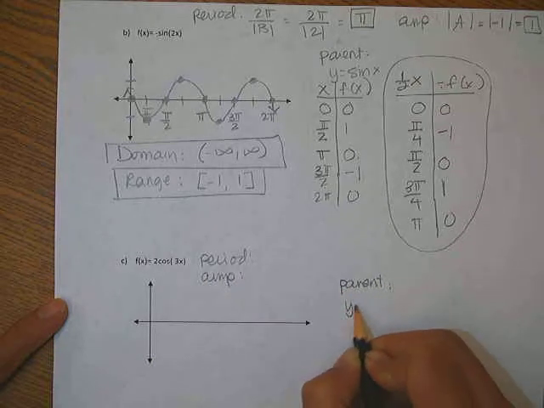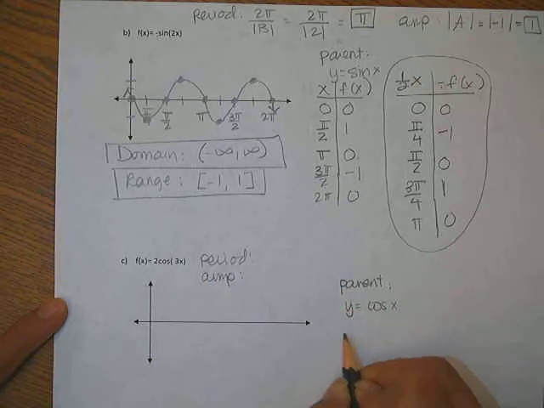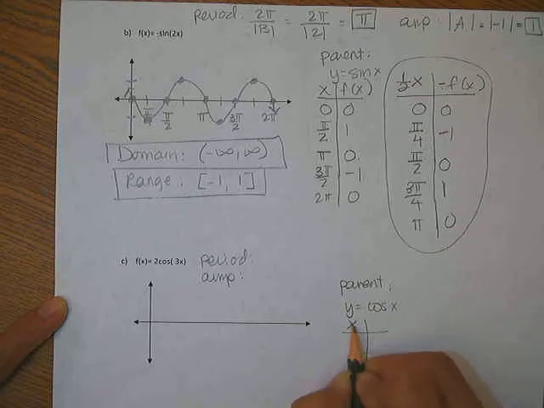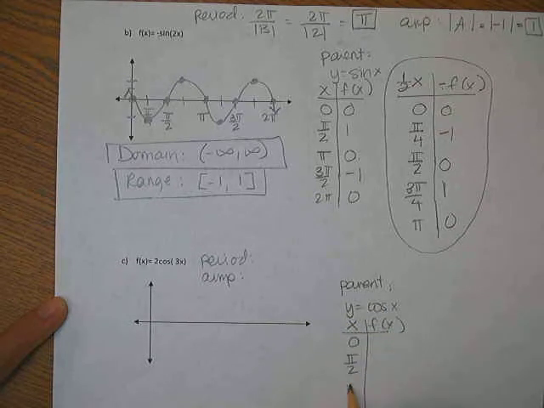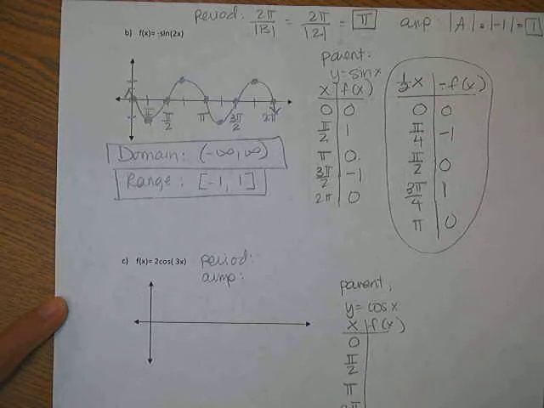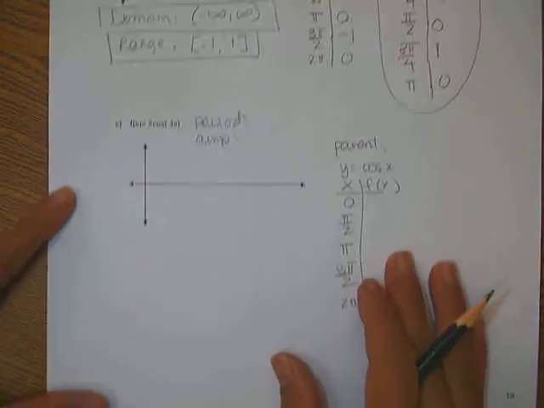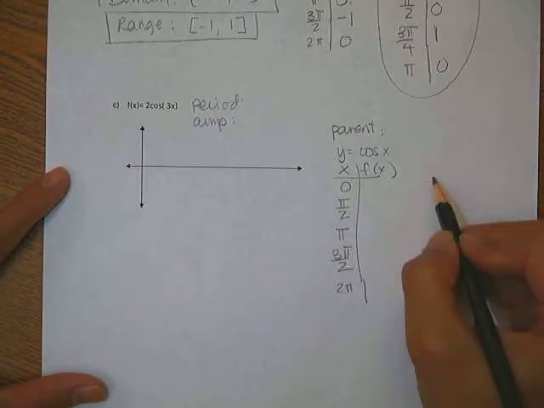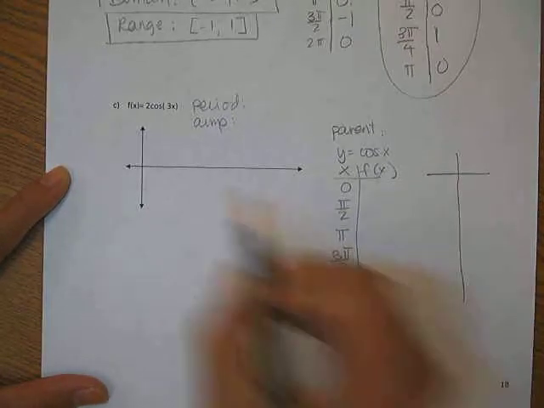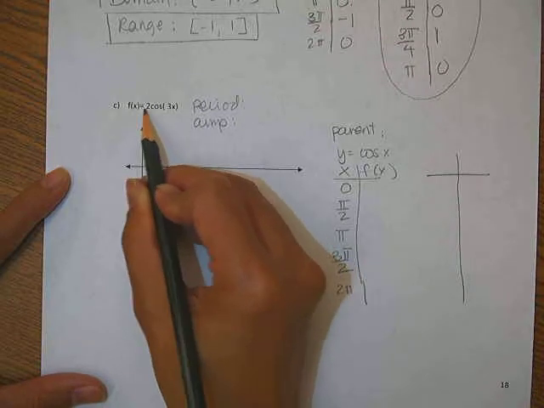Parent function, I'll give it to you: y equals cosine of x. Put your 5 inputs in: 0, pi over 2, pi, 3 pi over 2, and 2 pi. Find the output of the parent. Make another table for these two changes.